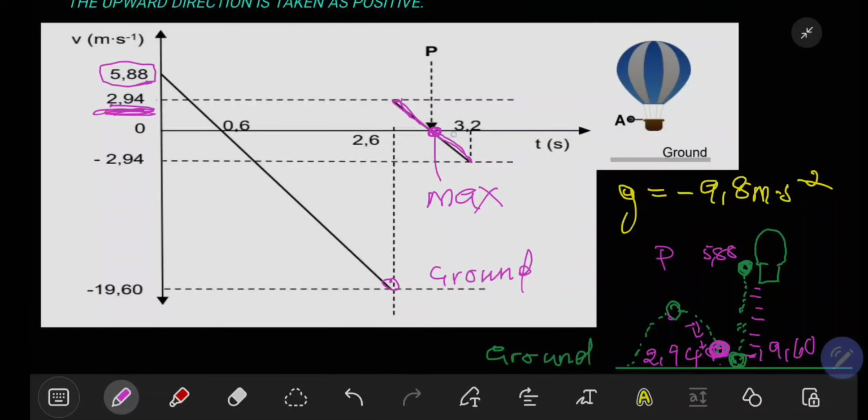And then at time 3.2 seconds, the ball returns to its original point, the ground, at the same velocity at which it left the ground. So this is the motion of the ball. It was dropped, it hits the ground with a velocity of 19.60, then it leaves the ground at 2.94, reaches a maximum height at P, and comes back to the ground.